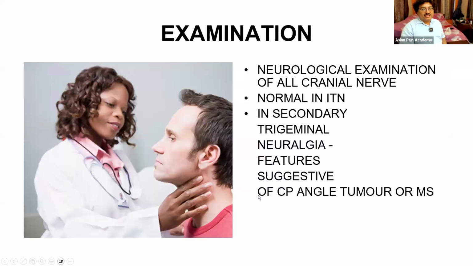So let us see what we are going to find. Neurological examination in trigeminal neuralgia: usually all cranial nerves are normal, especially in idiopathic trigeminal neuralgia. In some cases where the trigeminal neuralgia is secondary to multiple sclerosis or CP angle tumors, we might find changes according to those disorders.